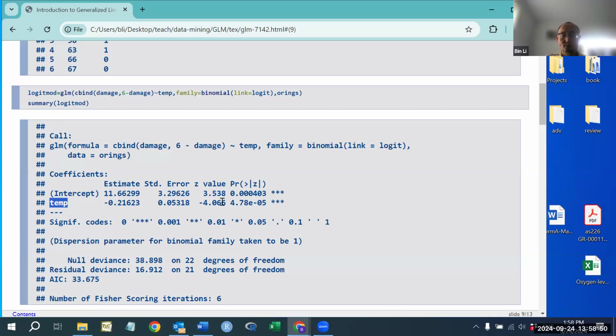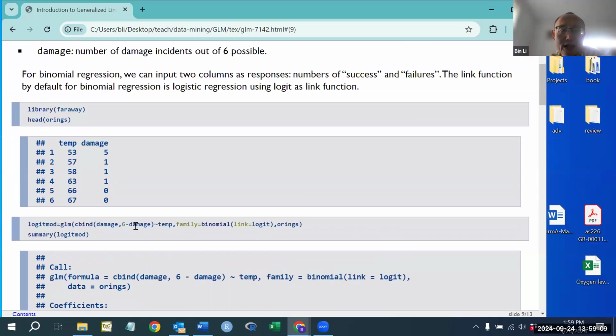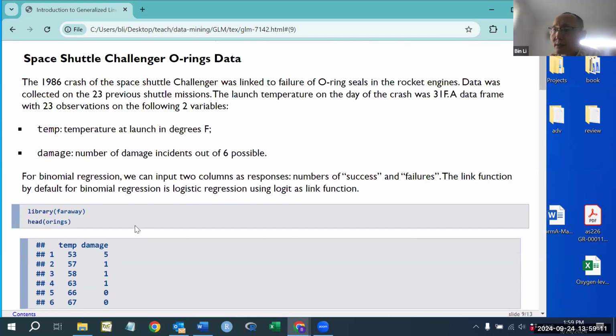So what does that mean? When we interpret this, it is related to the log odds.